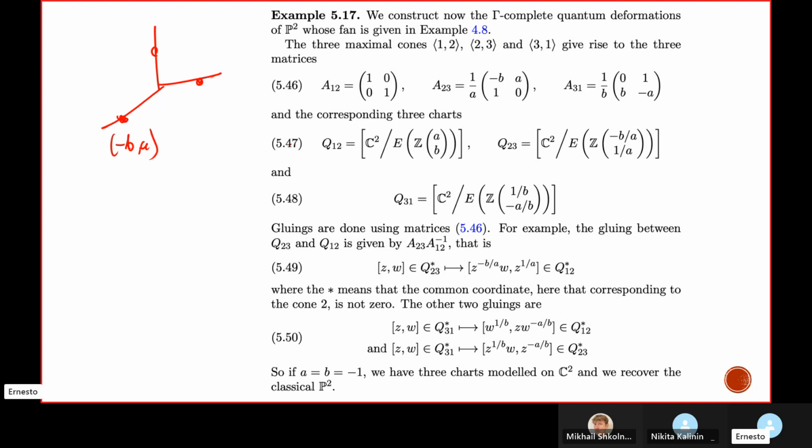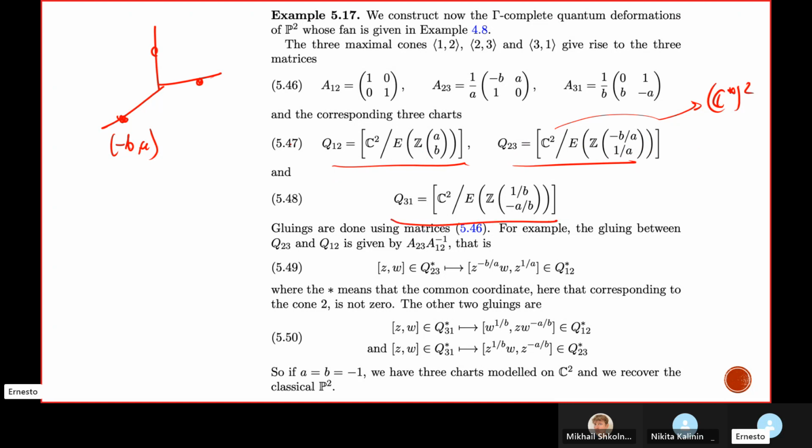As I explained last time, this is composed of 3 charts. If I took C star squared rather than C squared, this would be a quantum torus, and this would be a quantum torus.